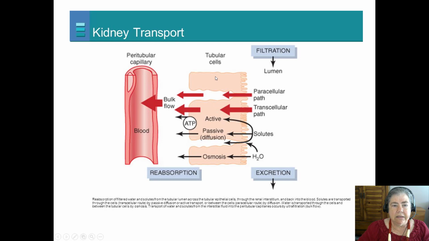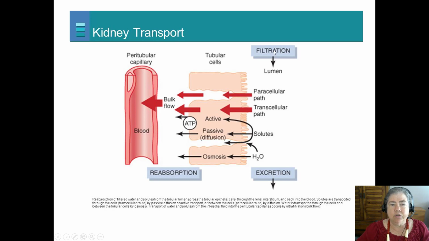The tubular cells have two sides. They have a base which is more or less in contact with the peritubular capillary, with interstitial fluid between them. There is an apical side which has a large surface area. The material that is filtered comes into the lumen of the tubule.